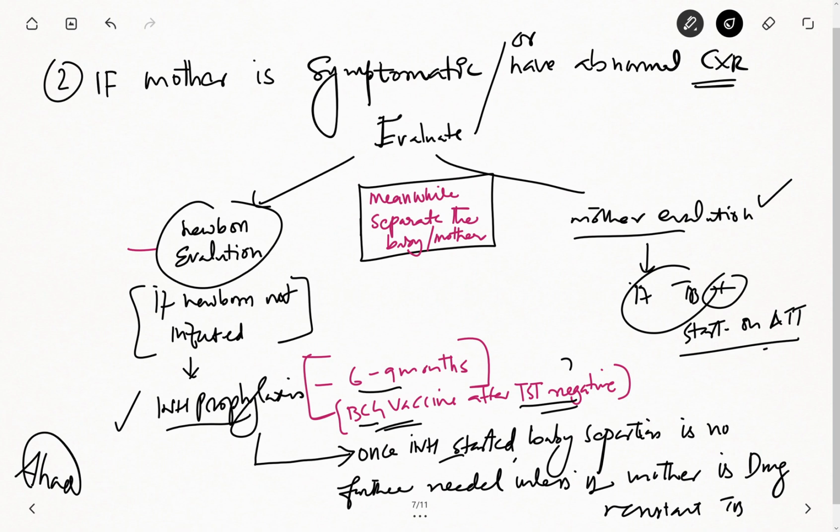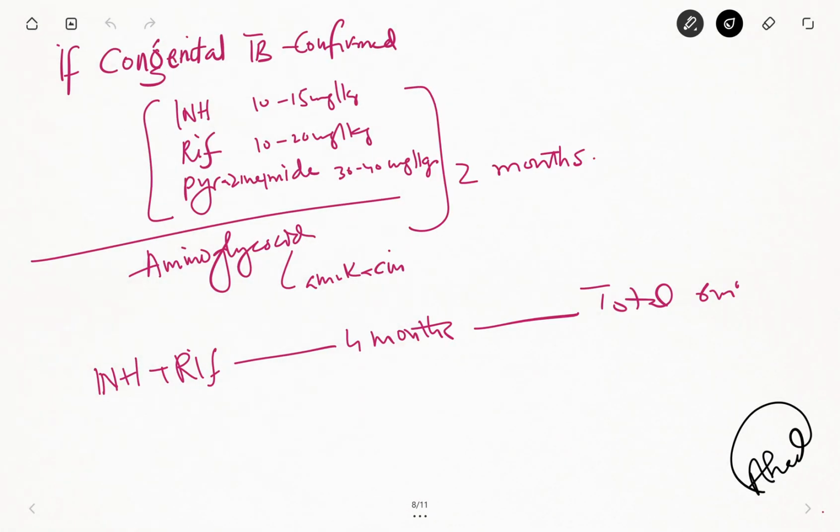While we are evaluating both mother and newborn, we have to keep them separated, but once the process is complete and the baby is on INH, we do not recommend separating the mother and newborn, unless the mother has drug-resistant TB. That is the only indication to separate the baby from the mother.